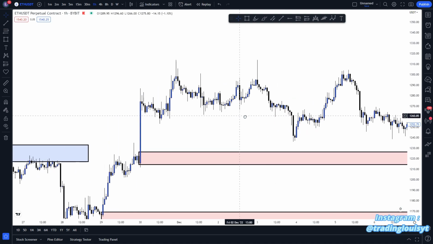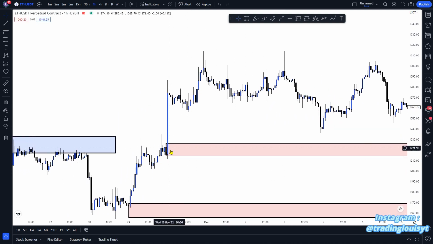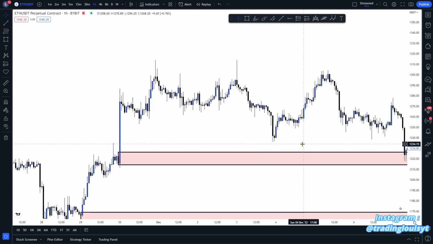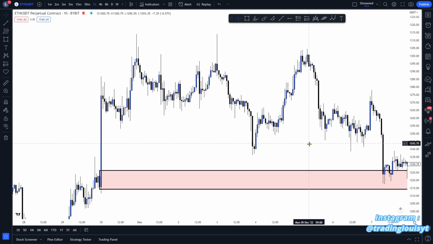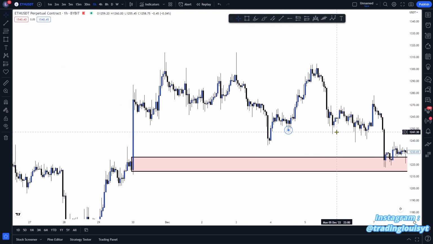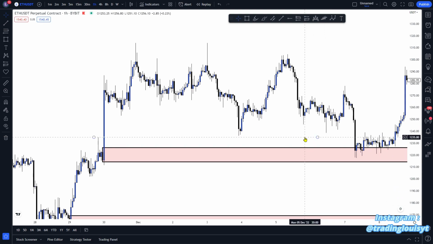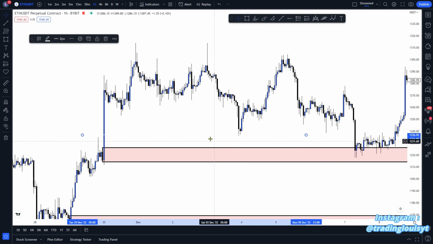So if we look right here, somebody has put in a big order for, I'm on Ethereum right now because I like crypto with order blocks. Especially recently, crypto is gaining a lot of traction and the price is starting to pump up a lot, so it's creating a lot of order blocks.